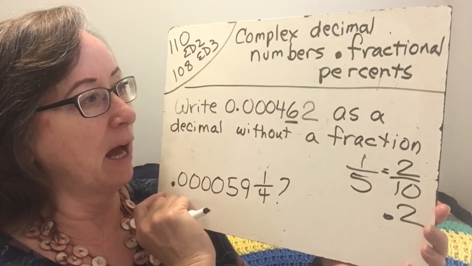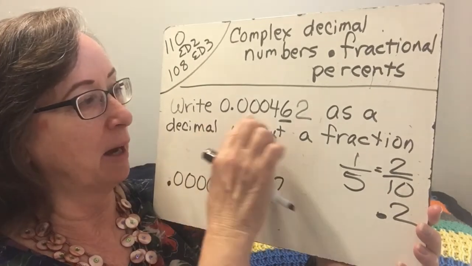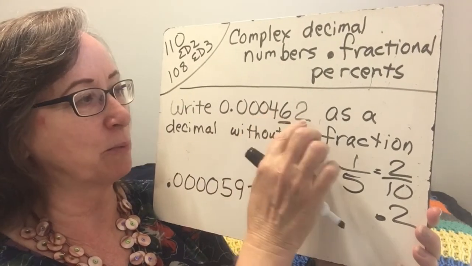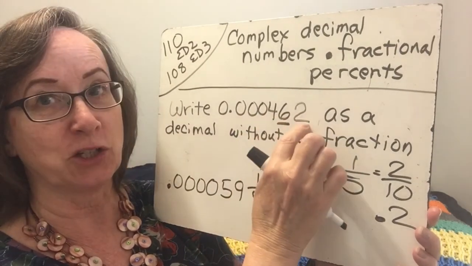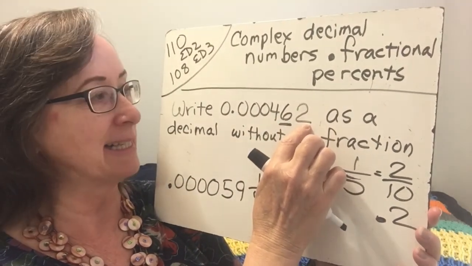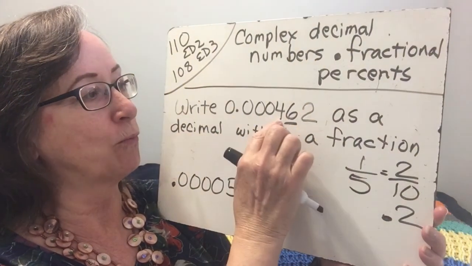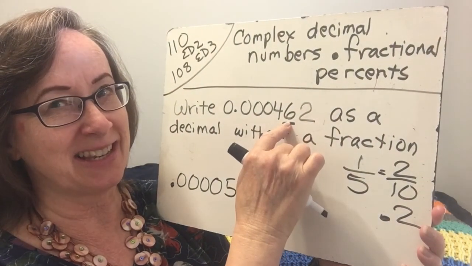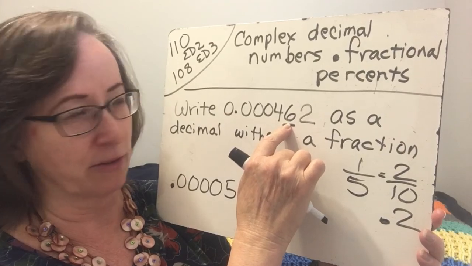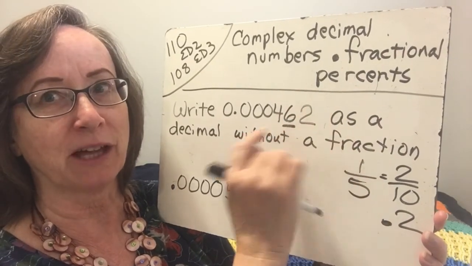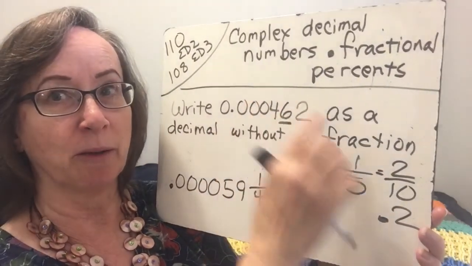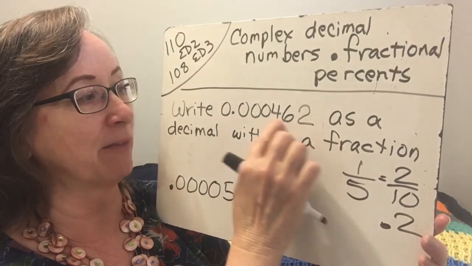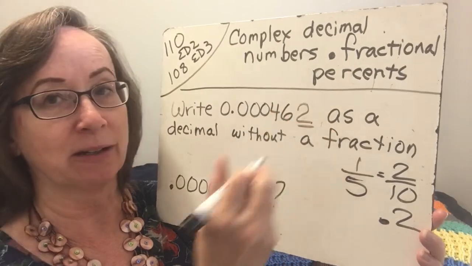All right. So we would correct that. Once we write it as a decimal, we would say 462 millionths instead of 46 1/5 100,000ths. So when we change it to a decimal, we would move that one over because now the last decimal place is here.